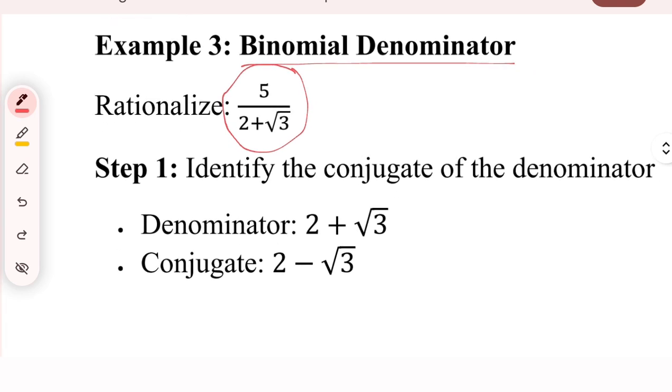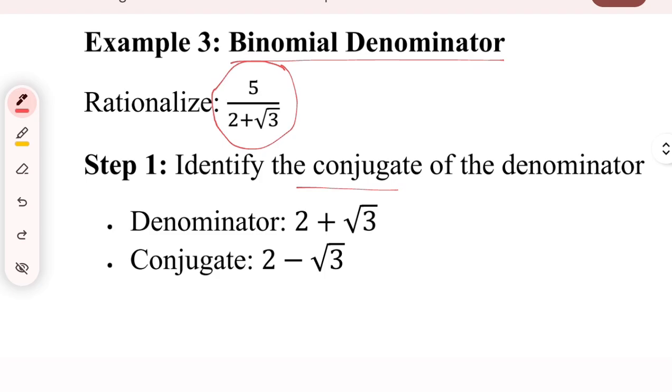In this case, apply the conjugate of the denominator. First, you identify the conjugate. Remember, it's a negative sign. So if the denominator is 2 plus the square root of 3, the conjugate is 2 minus the square root of 3.